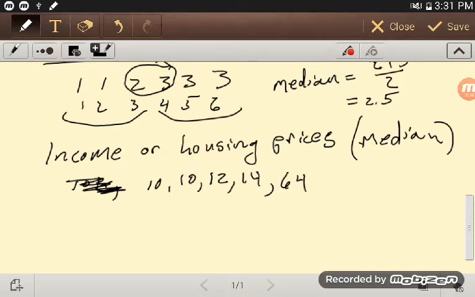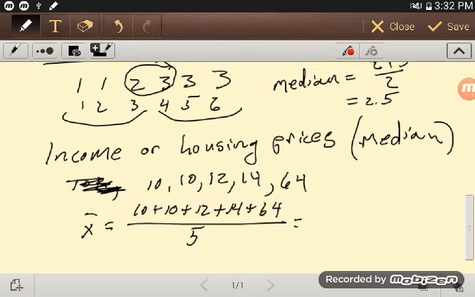Okay, so if I take the average, my X bar, I've got my 10 plus 10 plus 12 plus 14 plus 64, all divided by 5. So that's 20, 32, 46, 110, I think, over 5. And it says, hey, on the average, they're making $22 an hour.